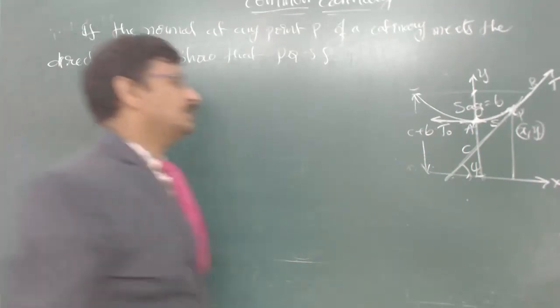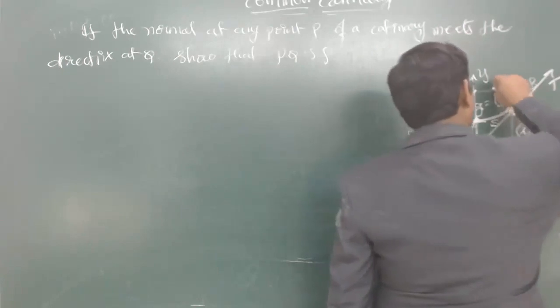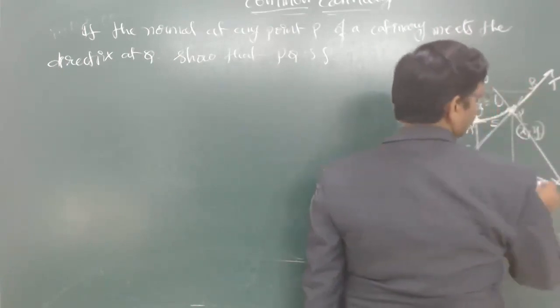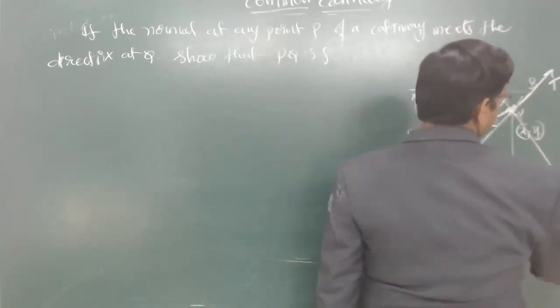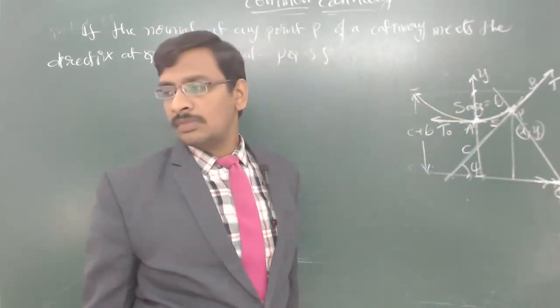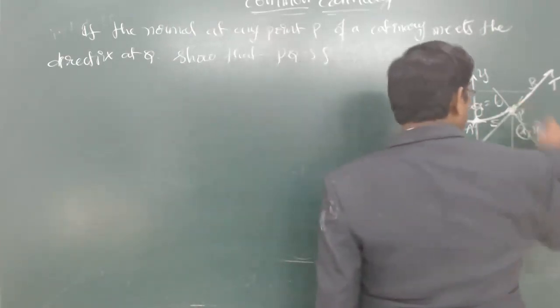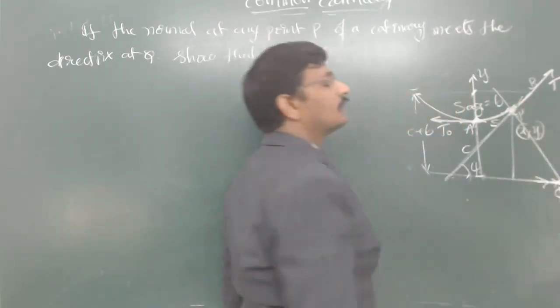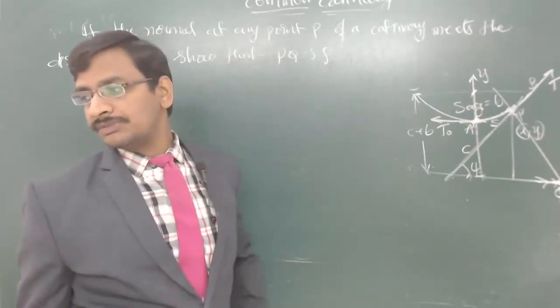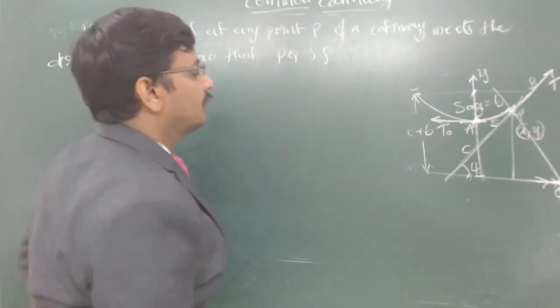See this one. This is the point, and if you draw a normal like this, and it meets the directrix at Q, then what he asked us is to find that this length is equal to the radius of curvature of the curve at that particular location. Got it? Here this angle is psi.